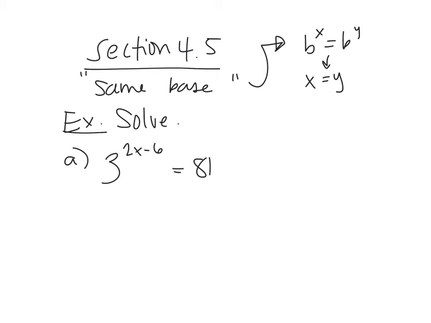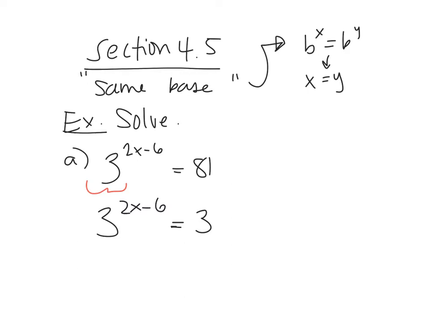So that's why we're trying to get the same base so that we can just set their exponents equal to each other. So here, I already have one written as an exponent, so my goal is to use the base of 3. So now I have to determine, can I rewrite 81 as 3 to some power?